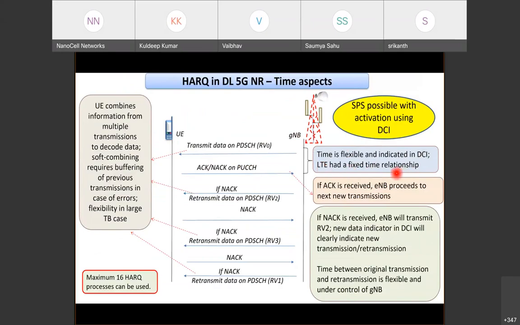For those of you who recollect, 4 subframes was a magical number between the data and ACK/NACK, and then in some cases, even the retransmission, right? All that goes for a toss. 5G NR is very flexible about how to handle the whole HARQ business. And that helps for a lot of, you can say, low latency kind of handling.